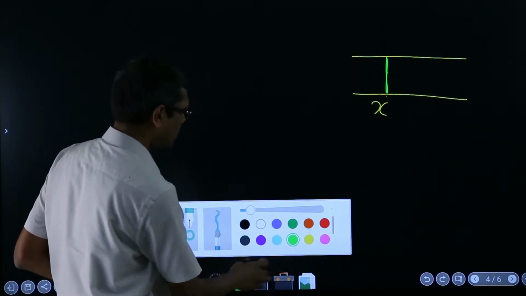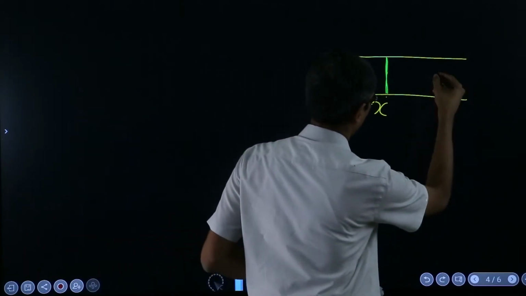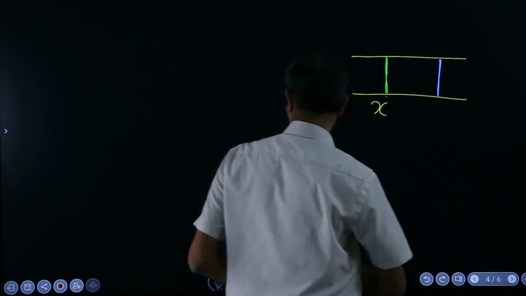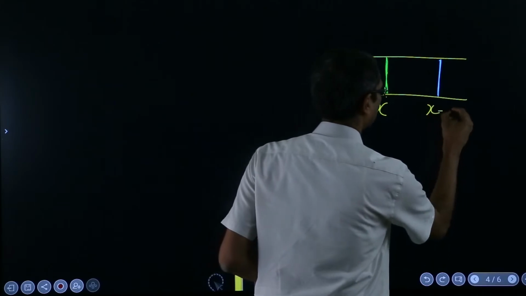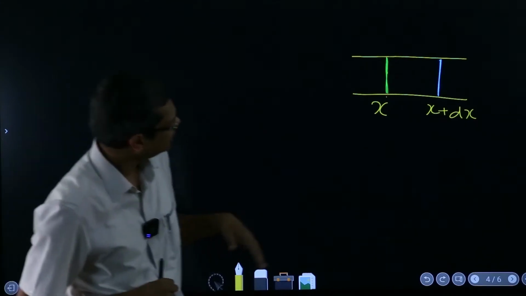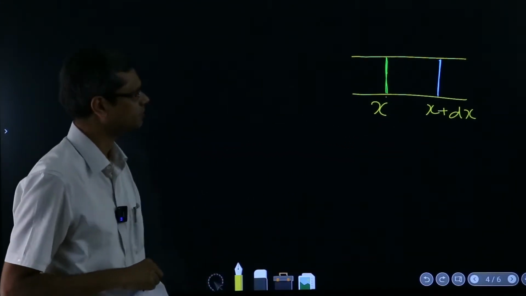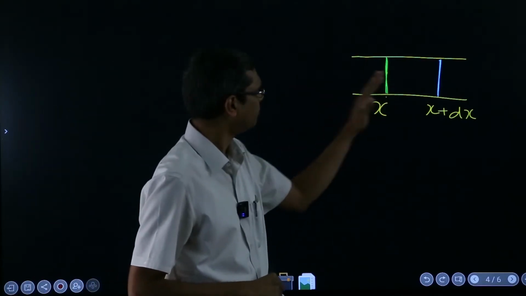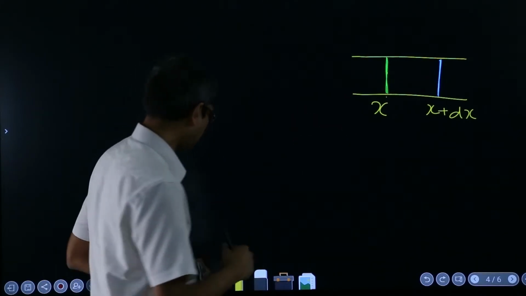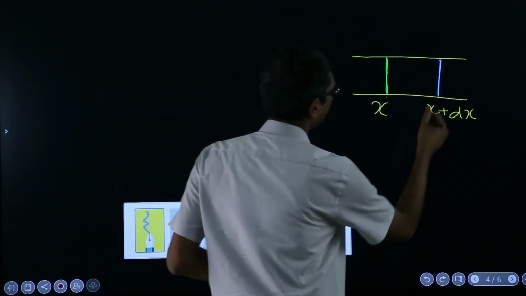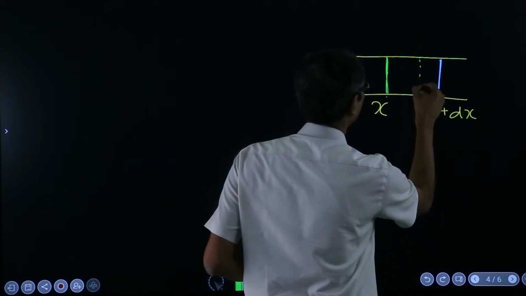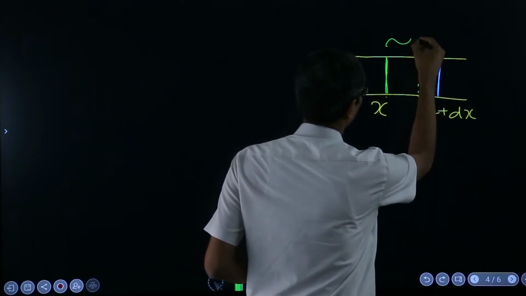And similarly consider another set of particles which were at this location, which was x plus dx. Okay, and then they were blue particles. Now as the wave passed through them, the disturbance, they moved certain distances and let the green one be moved to this one.